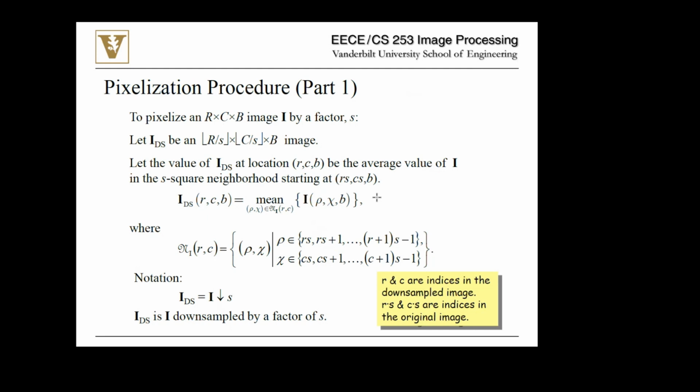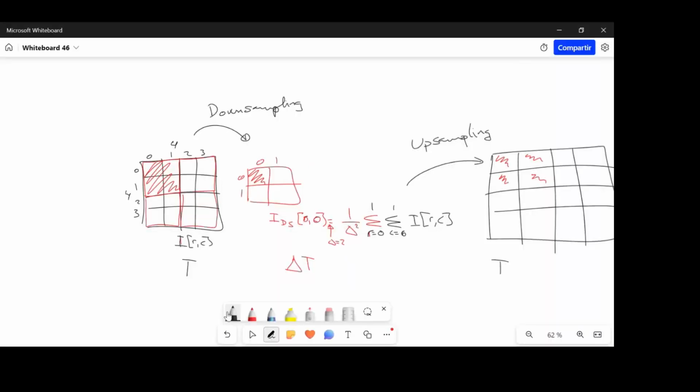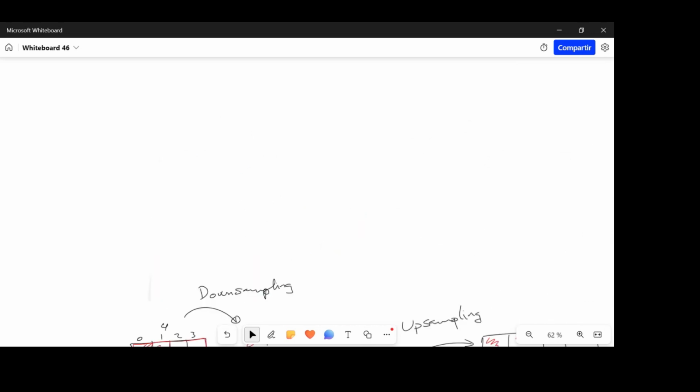And then we have these downsampling operators. These are the same names that you know for signals. So in signals, you also know these operators.